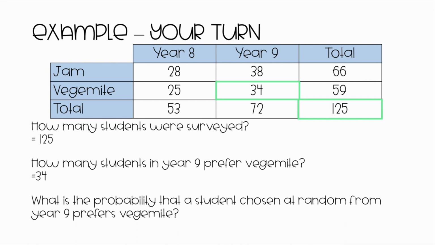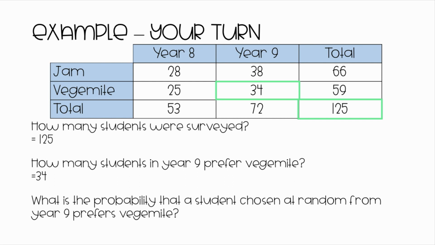Then we're going to say, what is the probability that a student chosen at random from year 9 prefers Vegemite? It's really important that we look at who we're looking at now, because in this case we're looking just at the year 9s. So we're only going to have a sample space of 72 people, because we're not selecting anybody at random, we're selecting just a year 9.